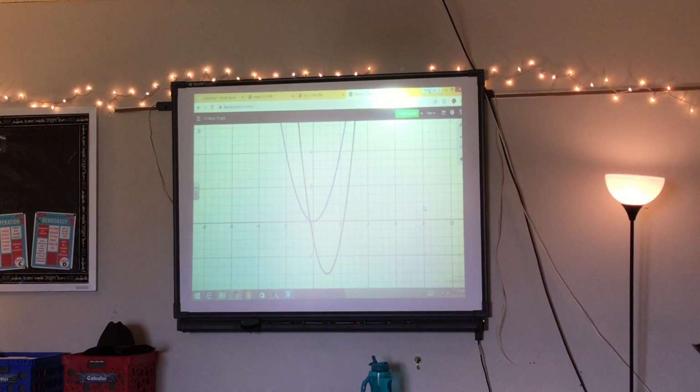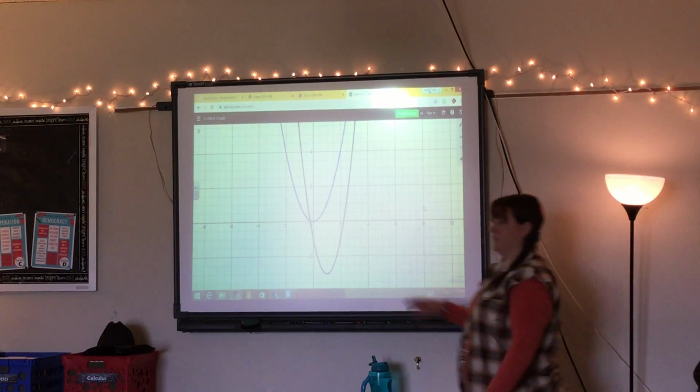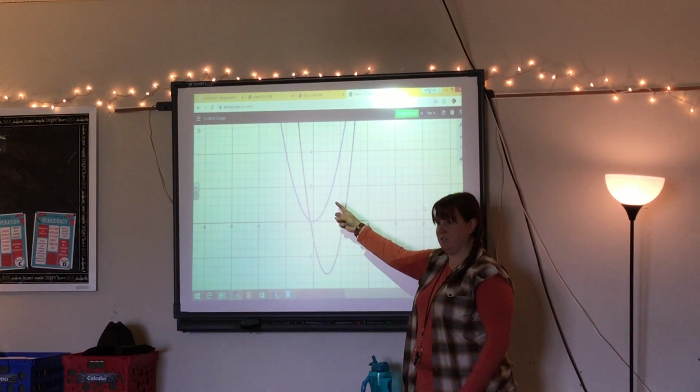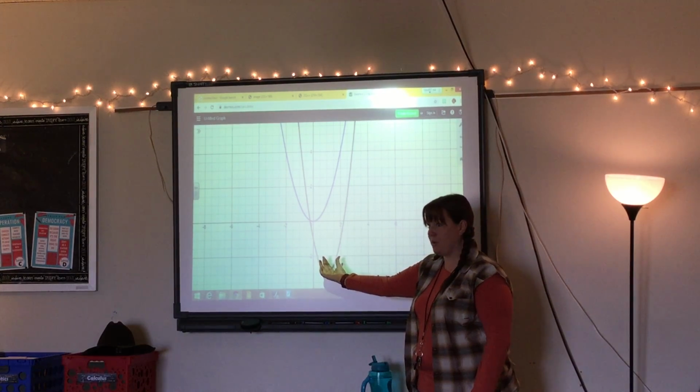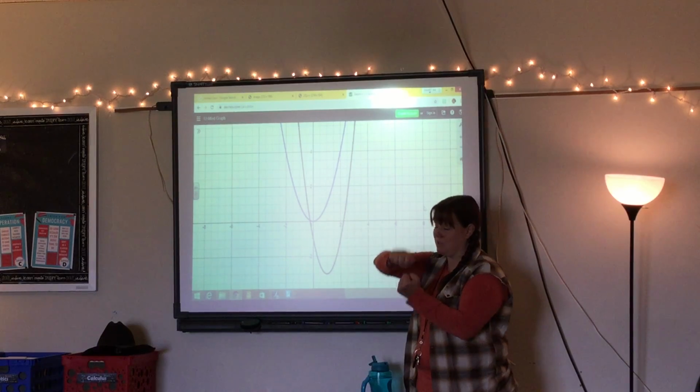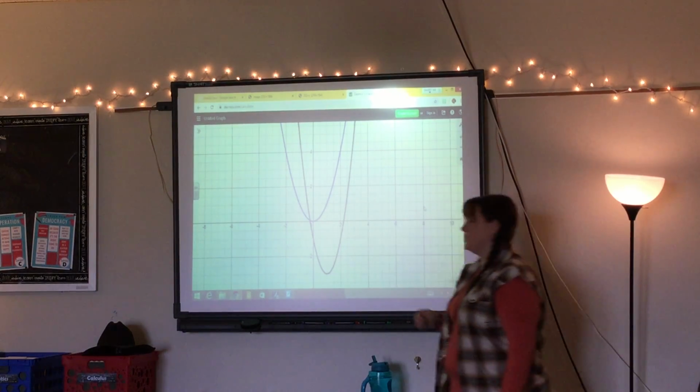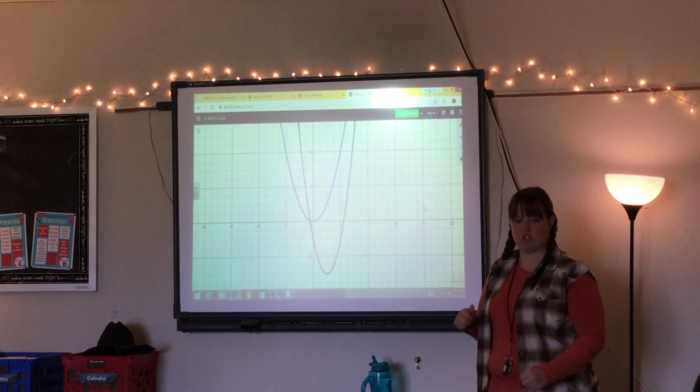So this is the difference. Do you see how they look different? We moved it, but this one really got stretched vertically. That's what that 2 does, it stretches it.